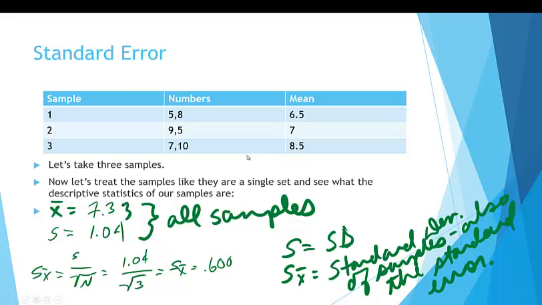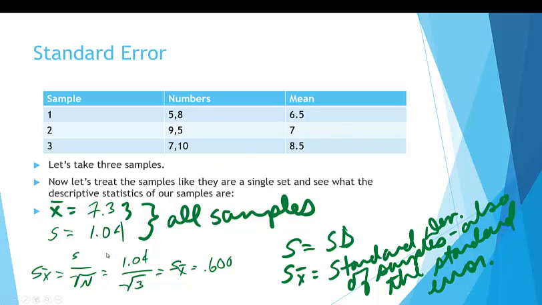In order to do that, we have to find the standard error. This is the formula we used on the last slide. We said our standard error was equal to the standard deviation of our samples divided by the square root of n, the number of samples we have. So our mean was 7.33. We determined our standard deviation of our samples was 1.04.